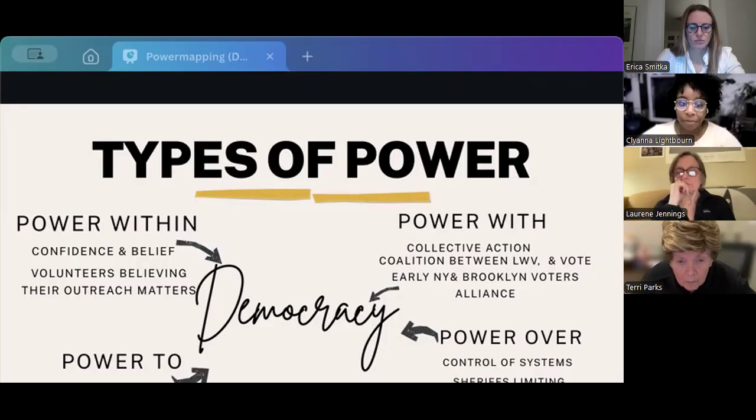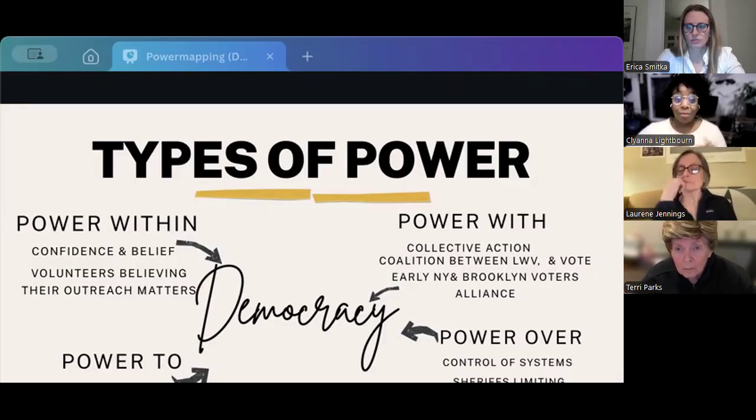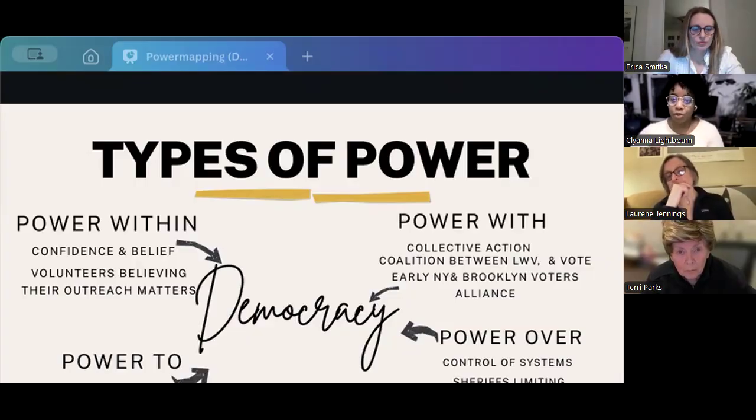Think of Senator Myrie and his support with our current legislation. And then power over is the institutional control, like when sheriffs decide who can deliver ballots before we pass this legislation. Power mapping helps us see how these forms interact so we can rebalance them towards democracy. When we use this kind of framing, we can see who's got too much power or influence, or who doesn't have enough.